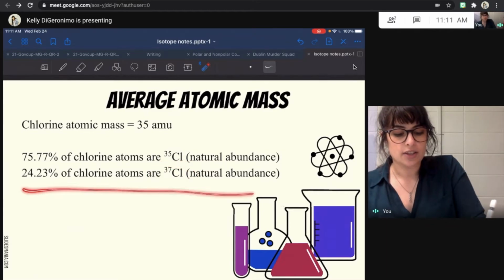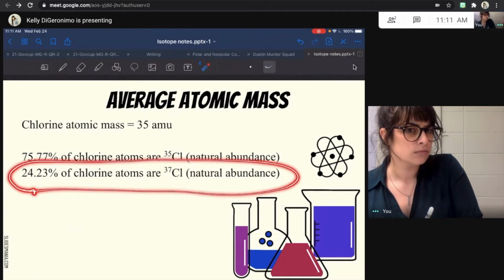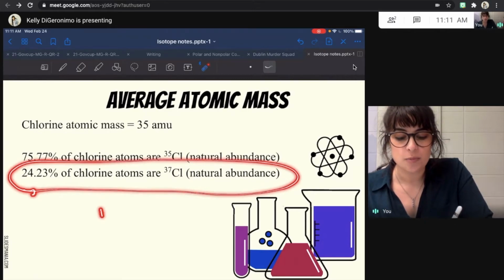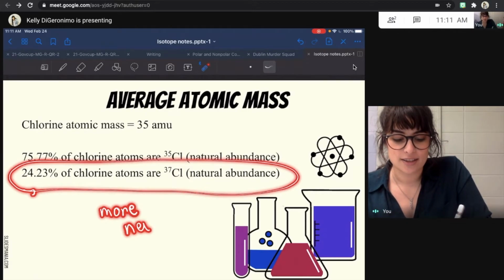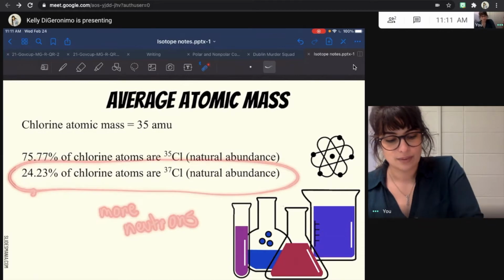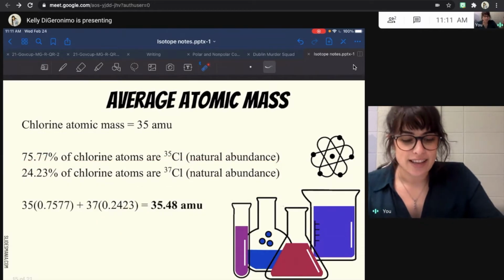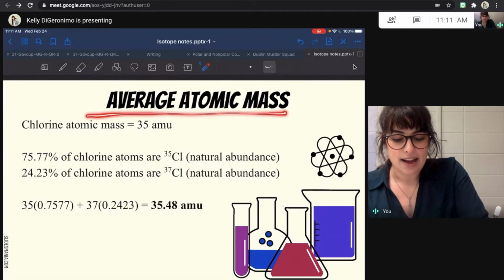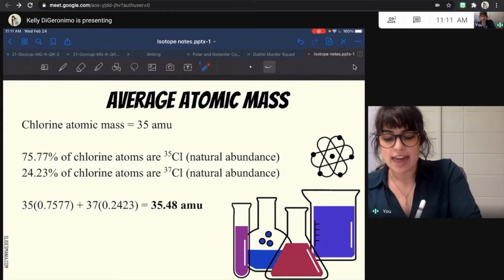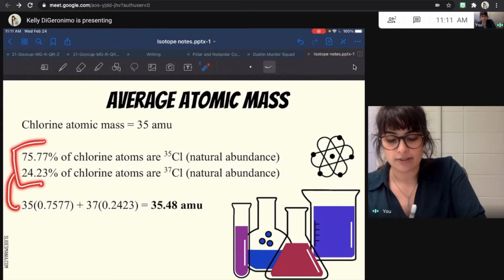Why are these chlorine atoms heavier? You're right if you said because they're isotopes and they have more neutrons. So, the way that we calculate the average atomic mass for chlorine is we take these facts and do some math with them.